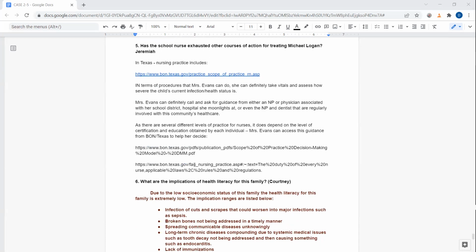And then lastly, there's a nice PDF that the Board of Nursing from Texas provides that helps nurses assess what exactly they can do in each situation. It can be very helpful in this situation. So Ms. Evans could definitely utilize that tool to help her see what else she can do in this setting.